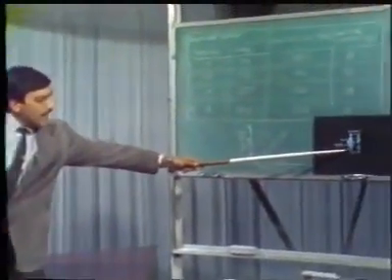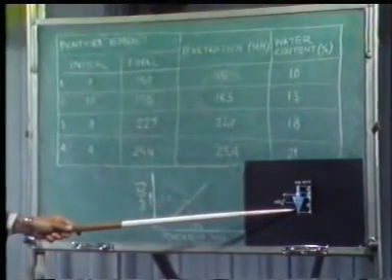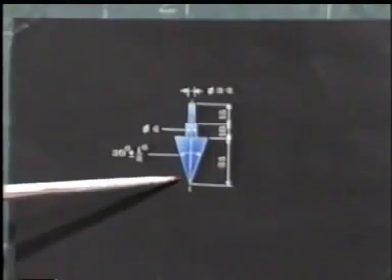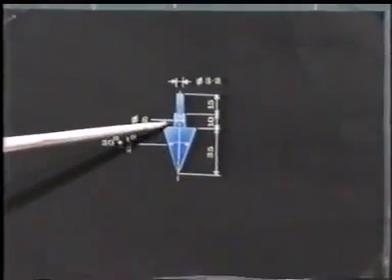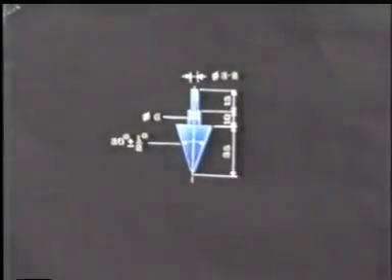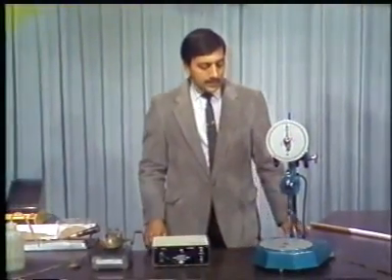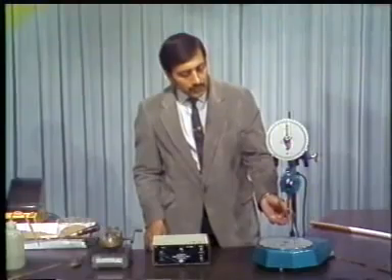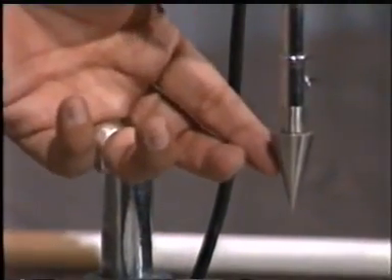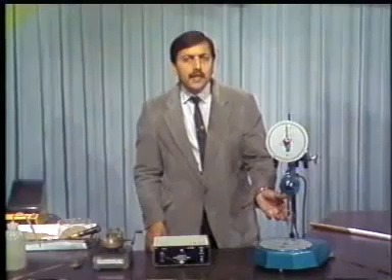It has an apex angle of 30 degree with a permissible variation of ½ degree, and the total length of the cone is 35 millimeters. This cone can be clamped here such that the total weight of the cone with its assembly, which will be allowed to fall, is 80 grams.